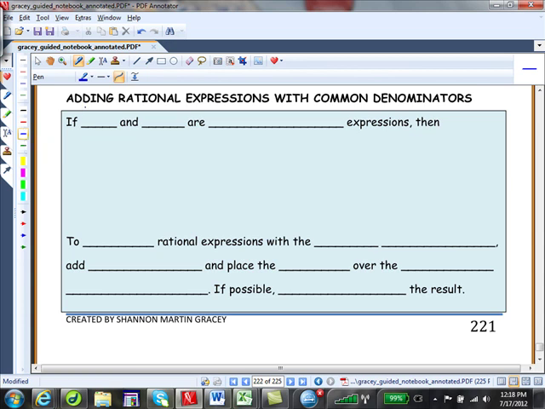If P over R and Q over R are rational expressions, then P over R plus Q over R, notice they have the same denominator, so we can add the numerators and put them over that common denominator.